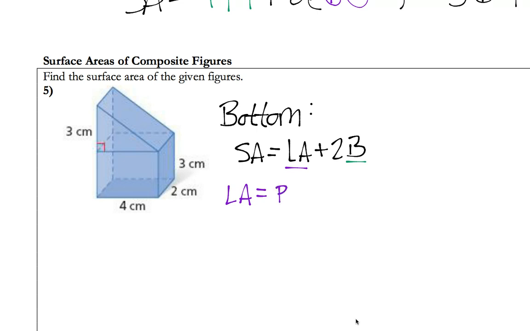Is perimeter times the height. Perimeter is 4 plus 2 plus 4 plus 2. That takes me around the bottom. And we're going to multiply that by 3.